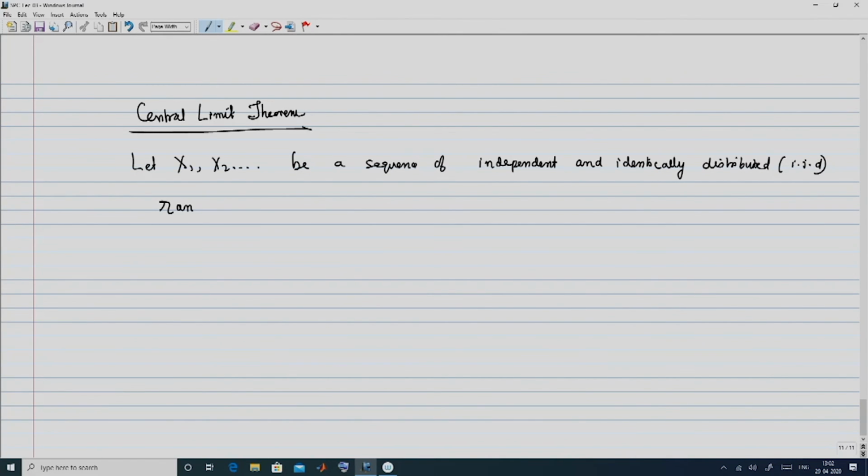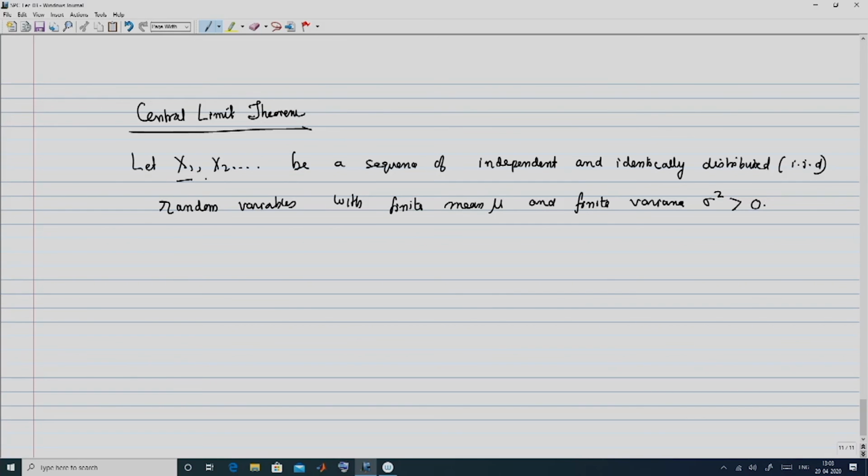These are IID random variables with finite mean mu and finite variance sigma square greater than 0.